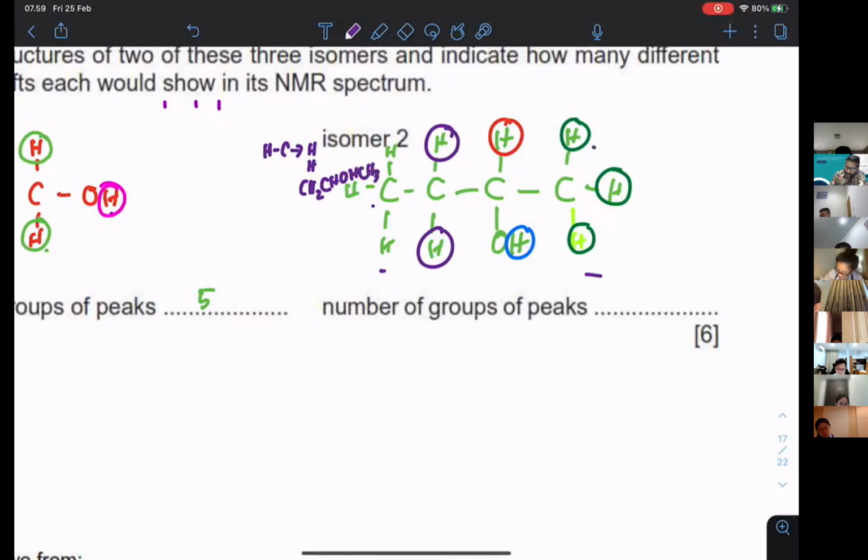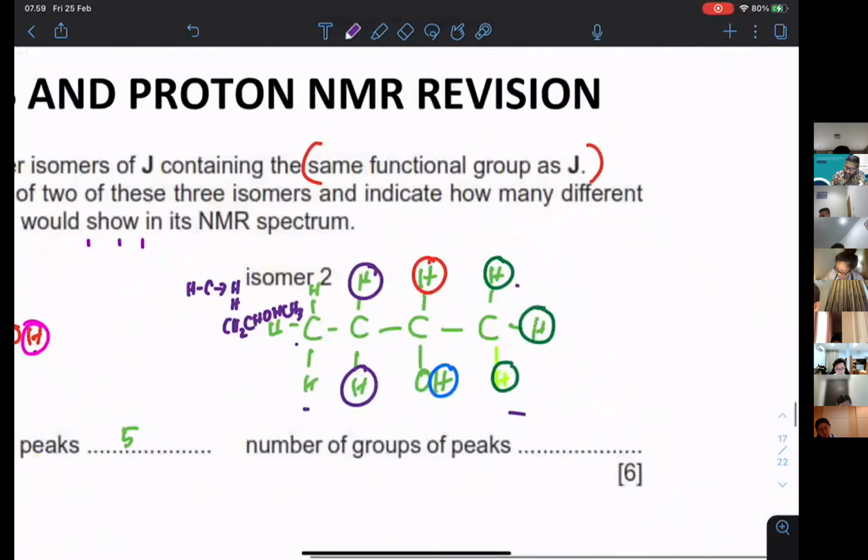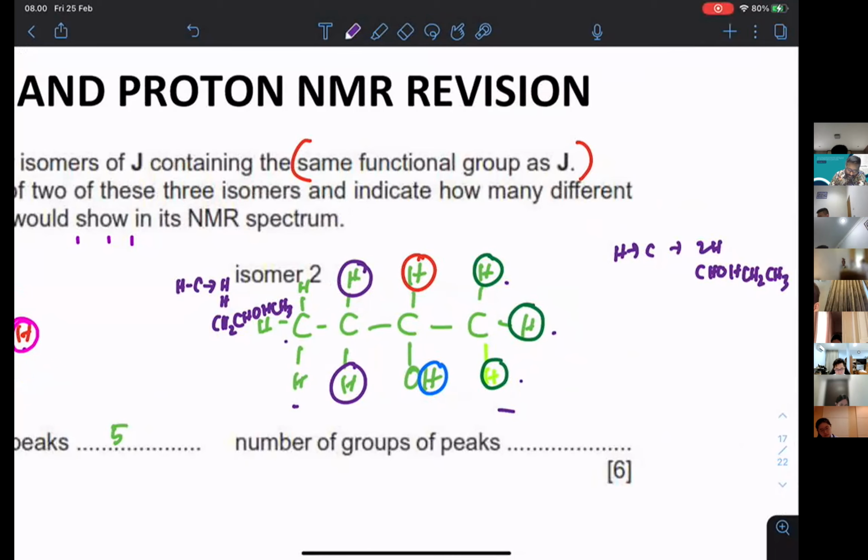So if I look at this, hydrogen is attached to carbon that has 2 hydrogen, CHOH, CH2, and CH3. This one, CH, this one is going to be CH2.